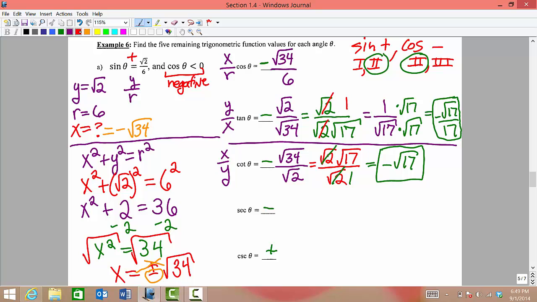Secant is r divided by x. So r was 6, and x is the square root of 34. And once again, we need to simplify and rationalize. So we're going to multiply top and the bottom by the square root of 34.